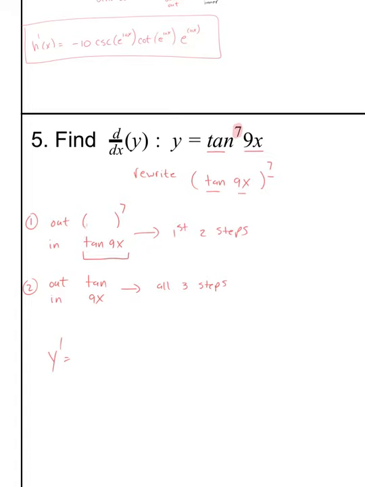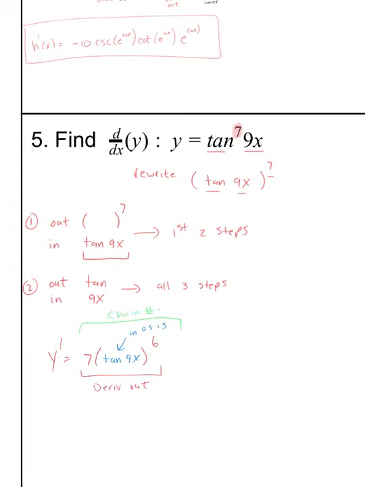So right here, the derivative of the outer, using the power rule, is 7 times something to the 6th. The inner as is, the tangent of 9x. So this whole thing is the derivative of the outer. This is the inner as is. And those are the first two steps. That is all you do with the first chain.